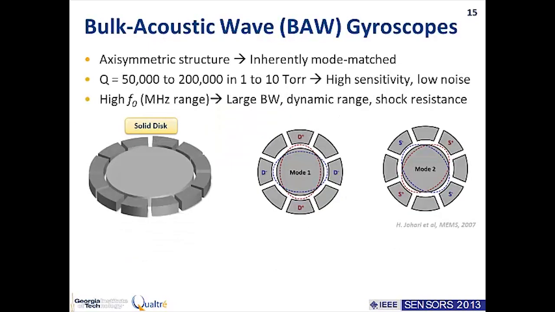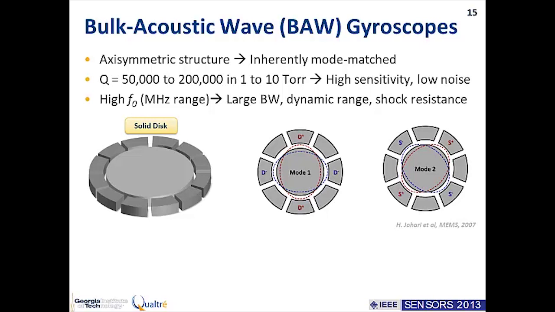So now let's move into mode-matched gyroscopes, and in order to describe the benefits or the way this type of device operates, I'm going to use a particular example, which is the bulk-acoustic wave gyro, which is, in general terms, an axisymmetric structure, as we described before, but it's not a shell or a ring, it's a solid disk.